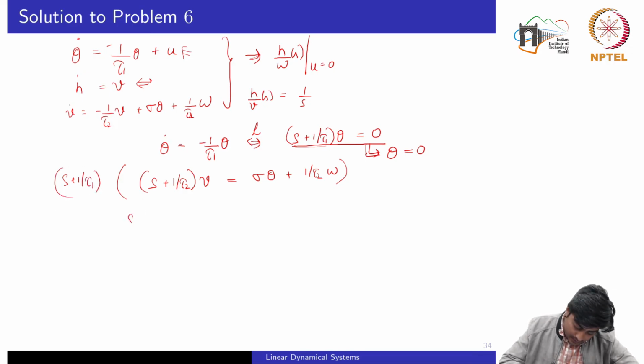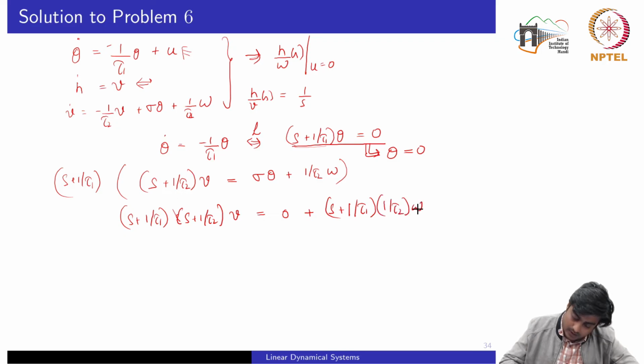Here I would have s plus 1 by tau 1 times sigma. The sigma is a scalar, so s plus 1 by tau 1 into theta would become equal to 0, and here I would have s plus 1 over tau 1 times 1 over tau 2 times w.